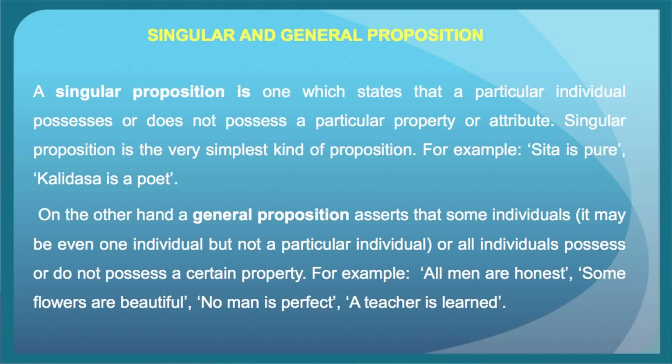On the other hand, a general proposition asserts that some individuals, it may be even one individual but not a particular individual, or all individuals possess or do not possess a certain property. For example, all men are honest, some flowers are beautiful, no man is perfect, a teacher is learned.